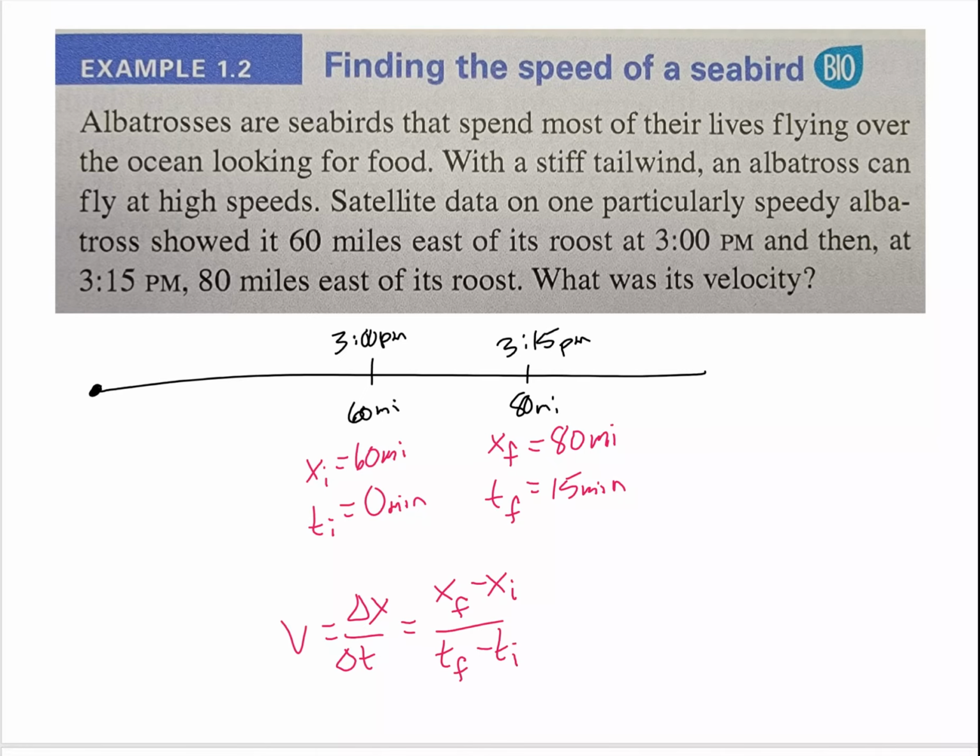Now, hold on. What do we know? We know x sub f, we know x sub i, we know t sub f, and t sub i is actually 0. So that one is gone. That's just t sub f.